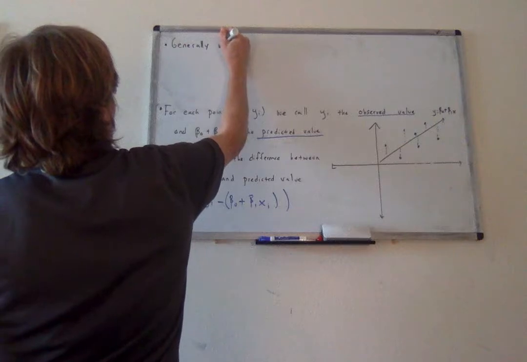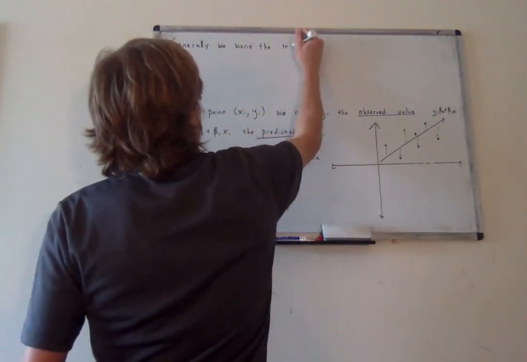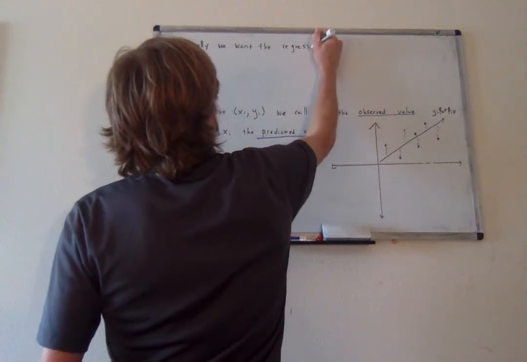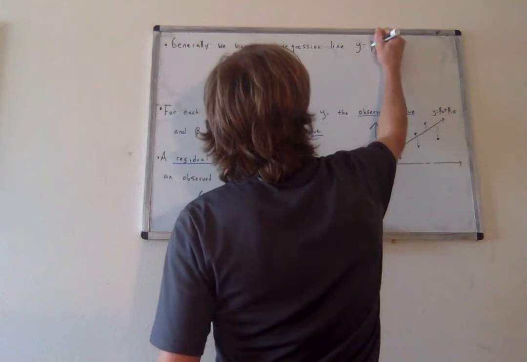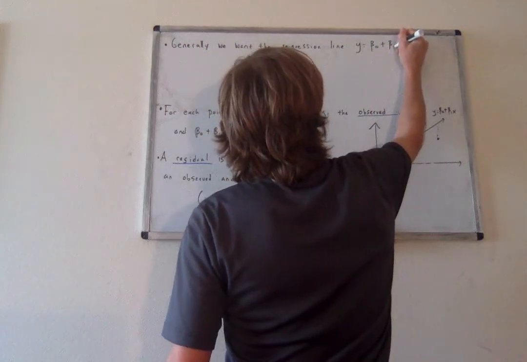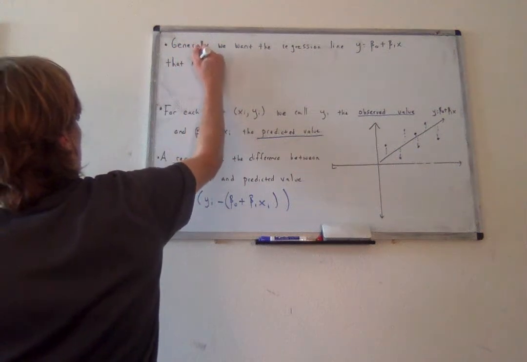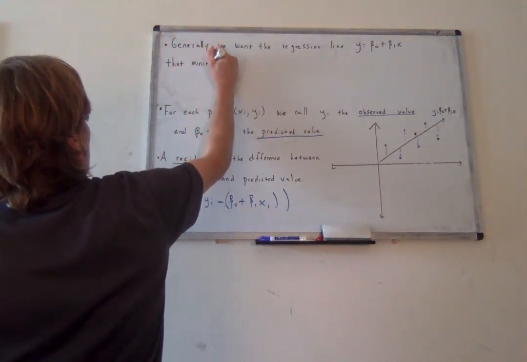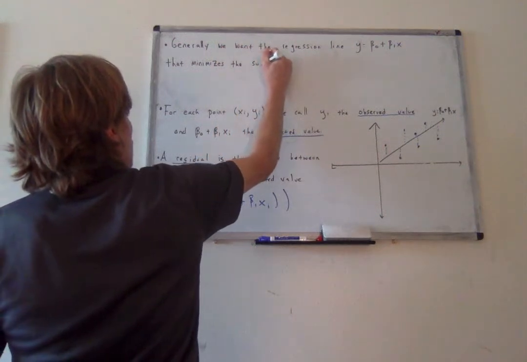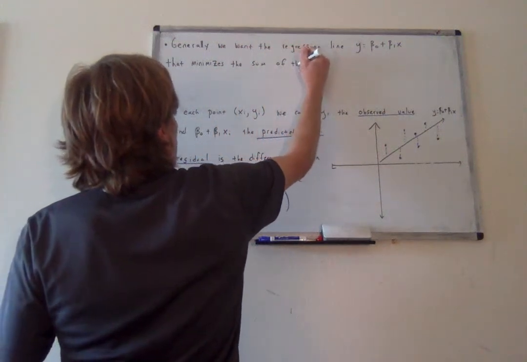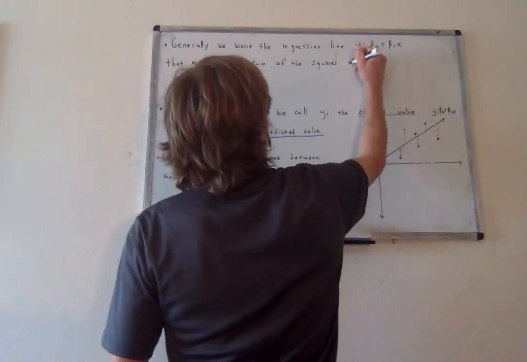We want the regression line y equals beta naught plus beta 1 x that minimizes the sum of the squares of the residuals.